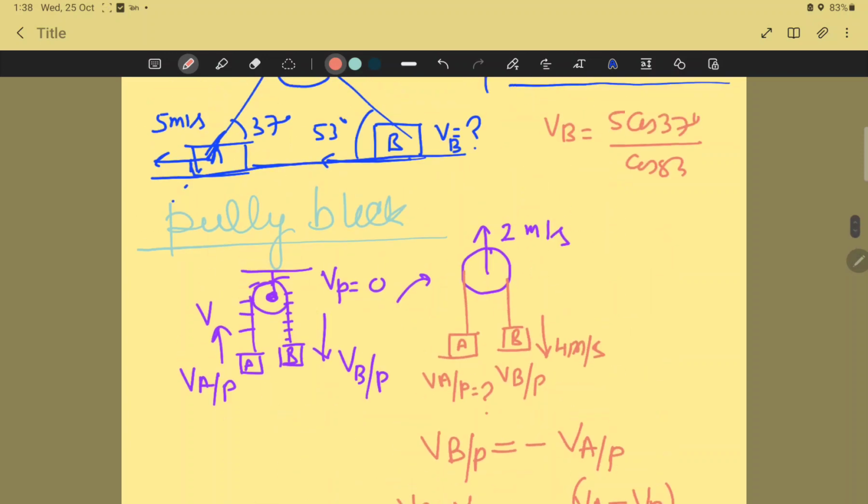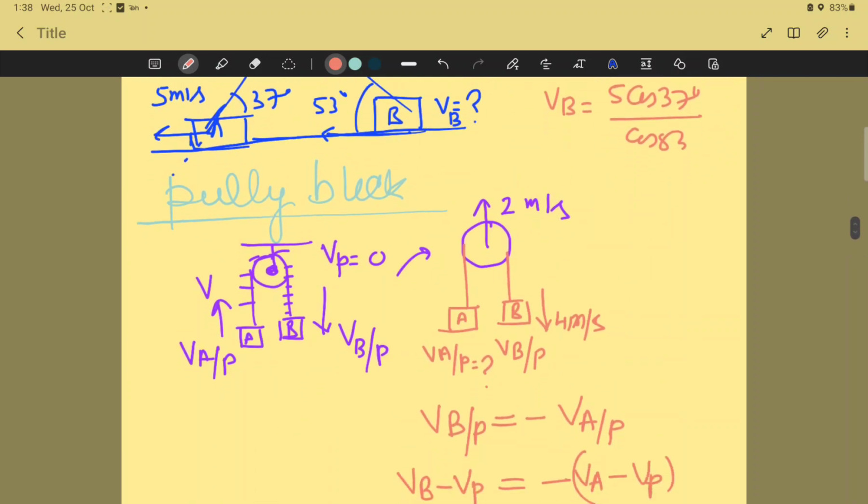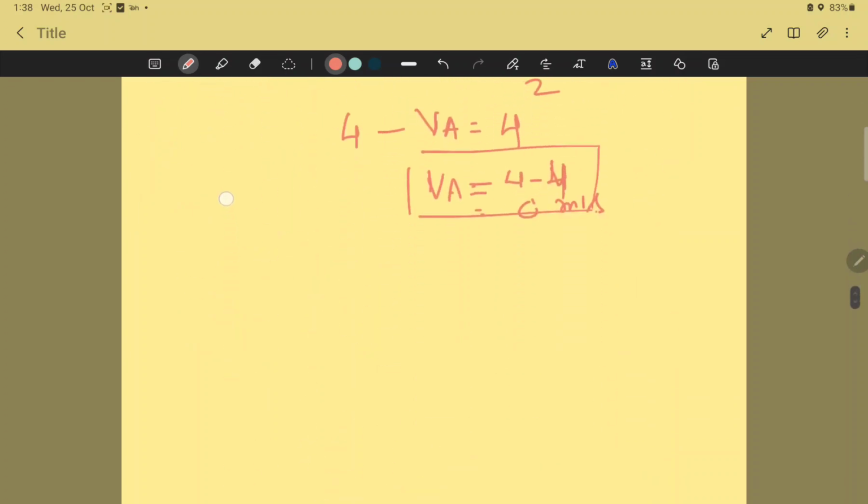Fine. So here we can say if the pulley is moving and the block is moving with respect to it at minus 4 meter per second, the velocity will come out to be 0. Clear? Let's take one more situation.